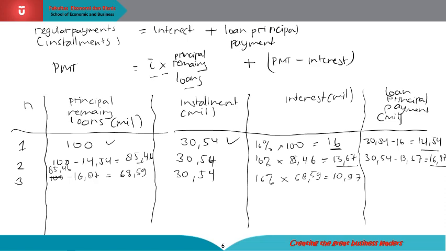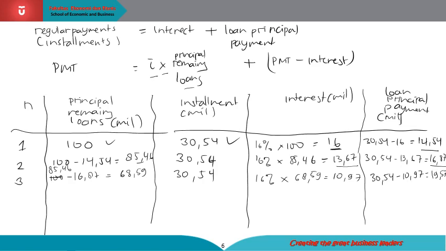Okay, and next is 30.54 minus 10.97, which is 19.57.